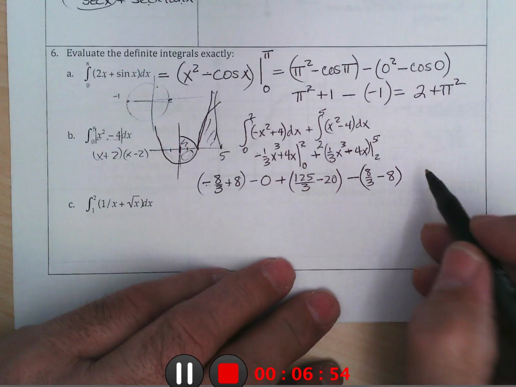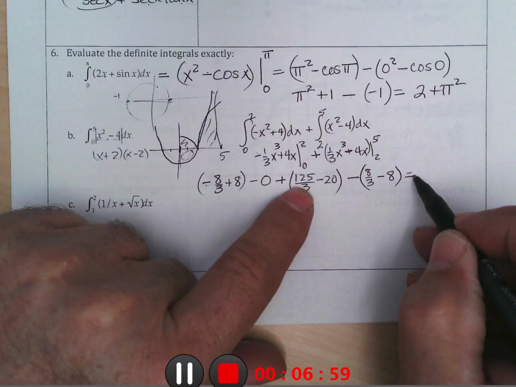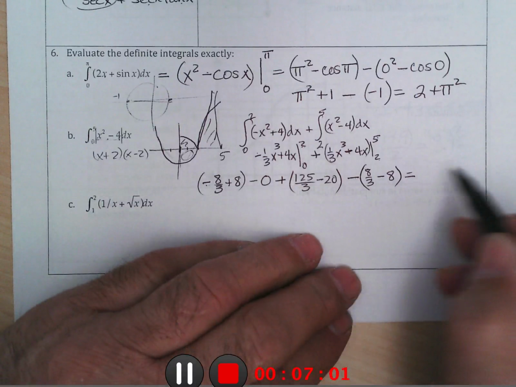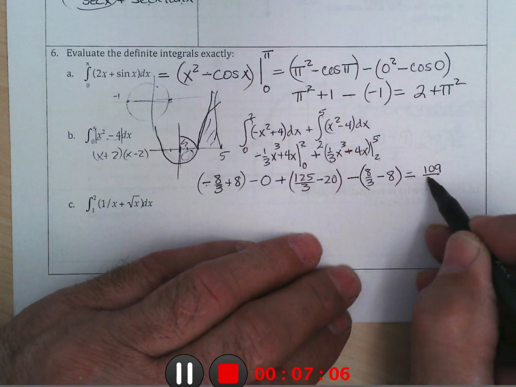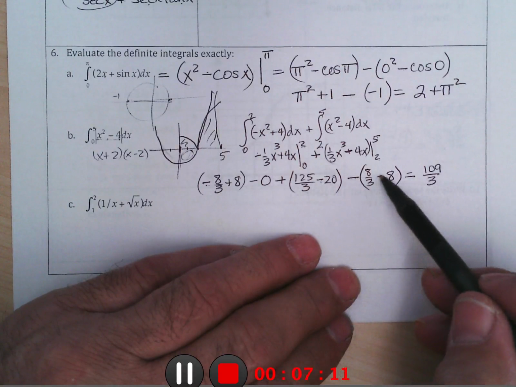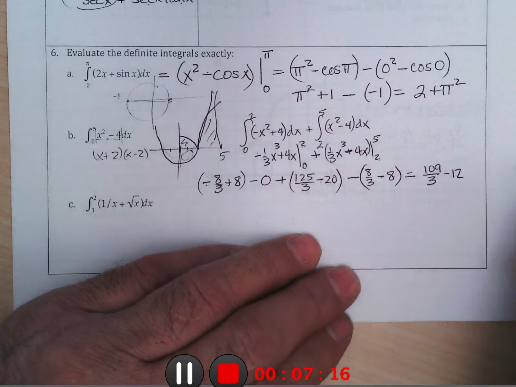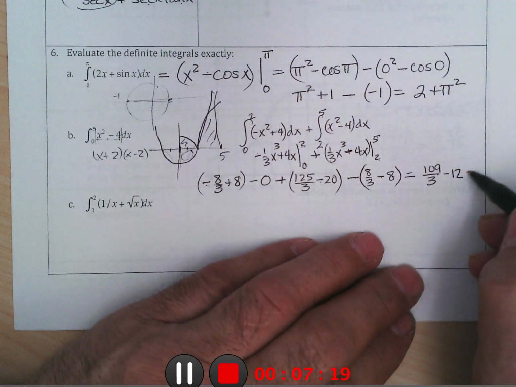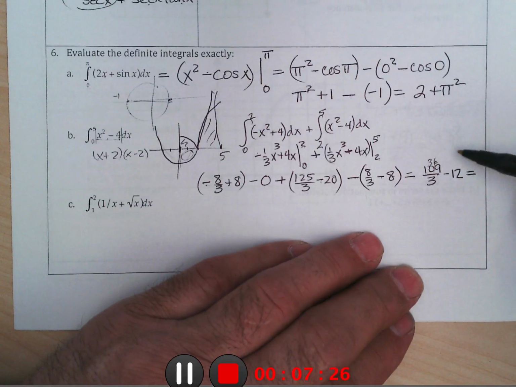is minus 16 from 125 is 109 thirds, and then we have minus 20 plus 8, which is minus 12, and that will equal, see, 3 goes in there, 36 and 1/3.